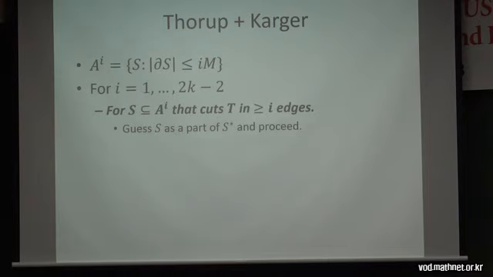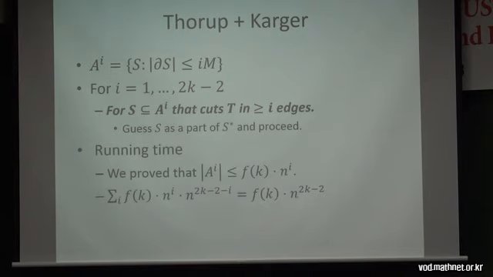So instead of S formed by cutting the tree in i edges and recombining them, I'm going to arbitrarily try S belonging to this set A_i. And A_i has to cut T in at least i edges. Then we guess S as a part of the optimal solution and proceed. So the only difference from before was this choice of S, which is totally arbitrary.